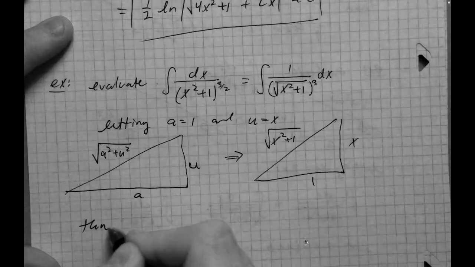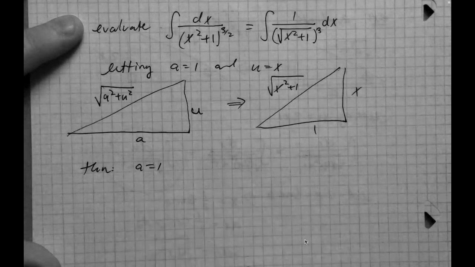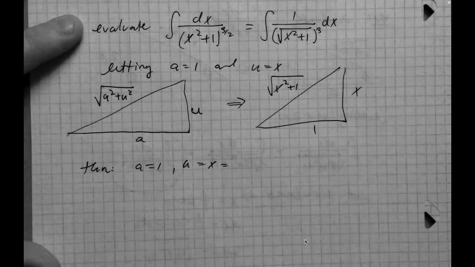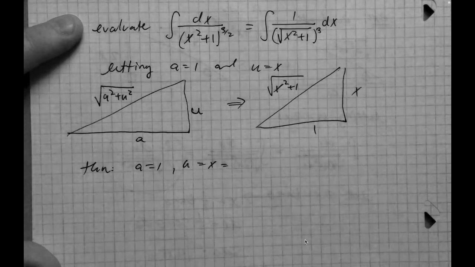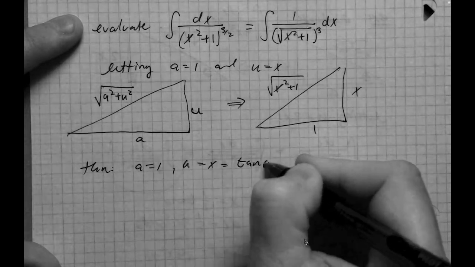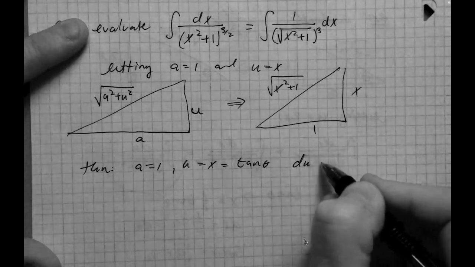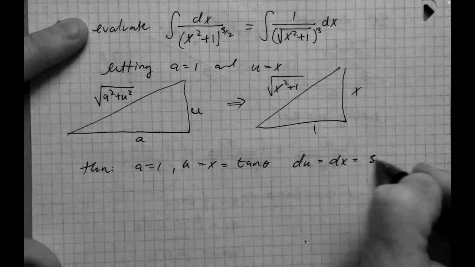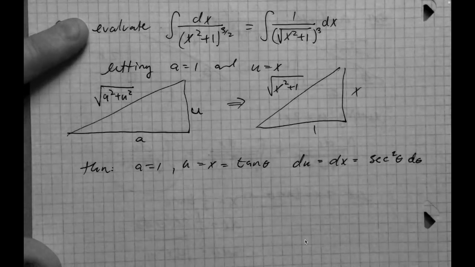Okay, so basically our substitution should look like this. a equals 1, u equals x, which is what? Tangent of theta, right? And then we can differentiate, so du is equal to dx, which is secant squared theta d theta.